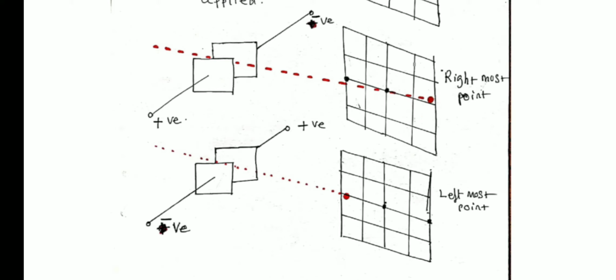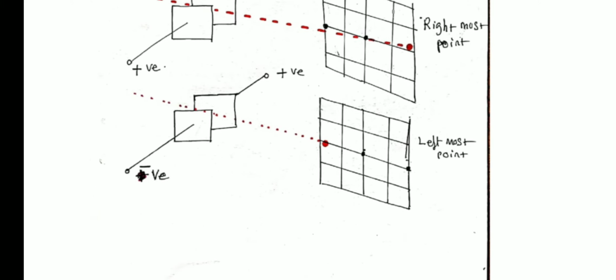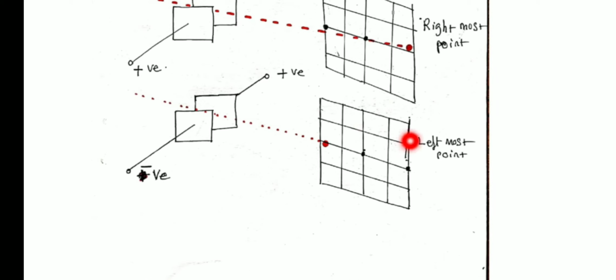and when you apply the positive voltage on the other side and negative voltage on the front plate, now the luminous spot will move to the left, from the center it will move towards the left direction, right.